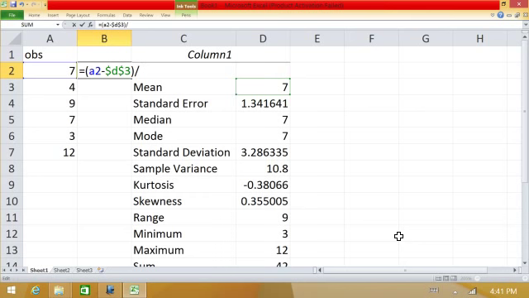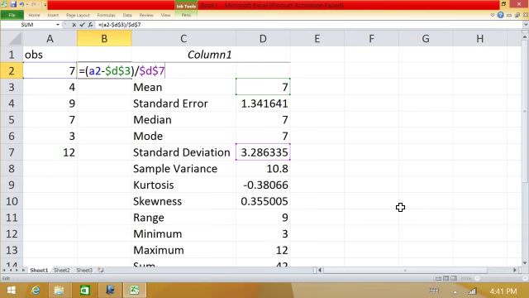Again, please make sure you put the $ sign if you do not want this number to change. In order to calculate the z-score, we want x bar to be constant and we want standard deviation s to be constant.